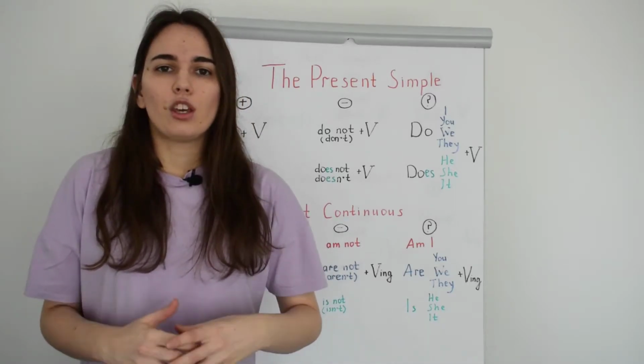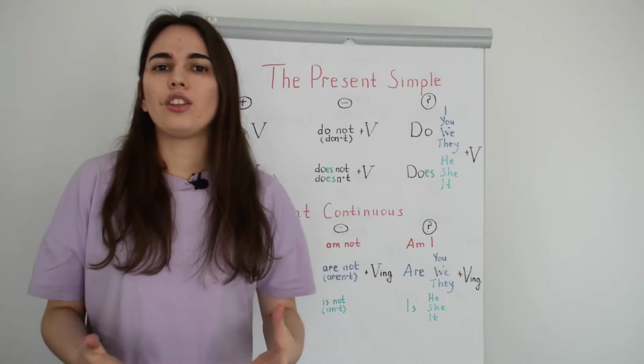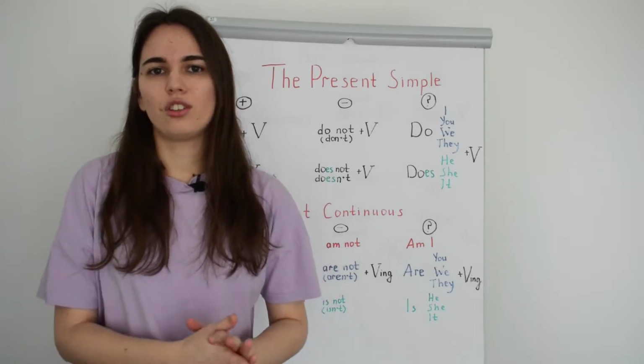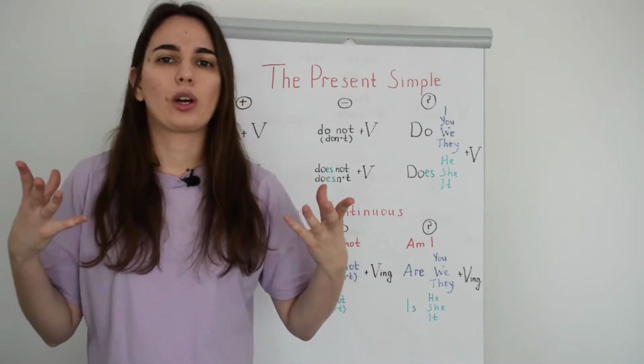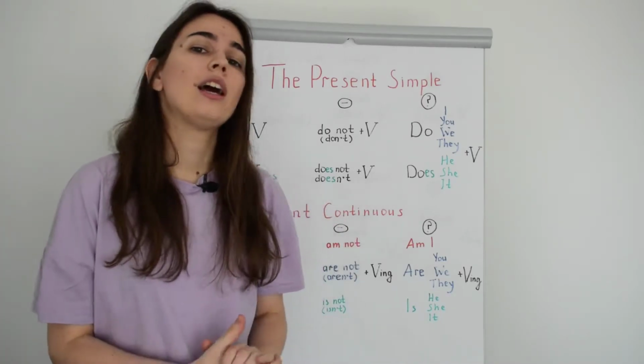And if you know them confidently, as I said, then you can read English books, you can have conversations with native or non-native English speakers, and you can be confident, you can do everything in English.